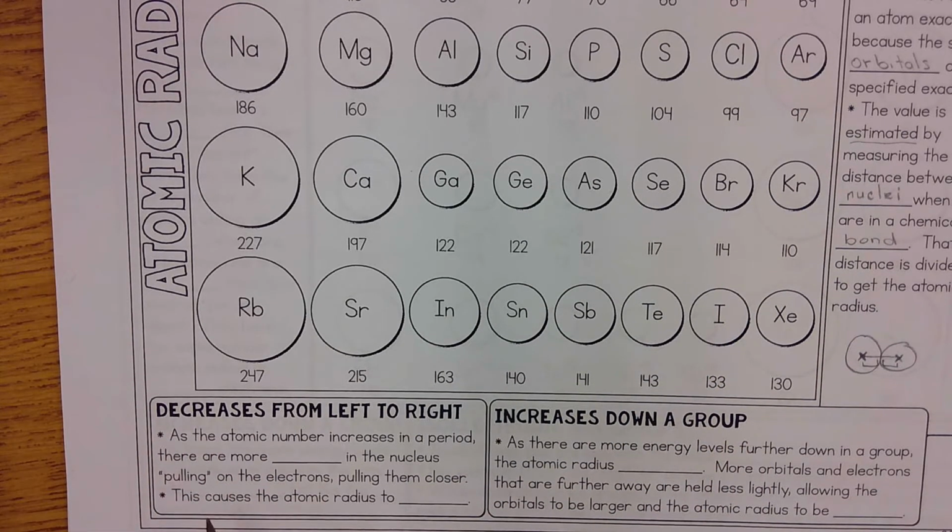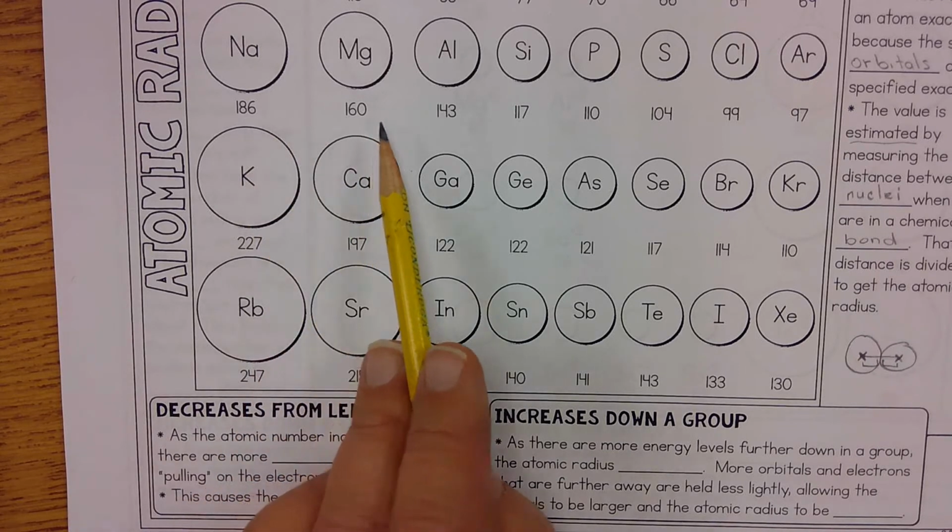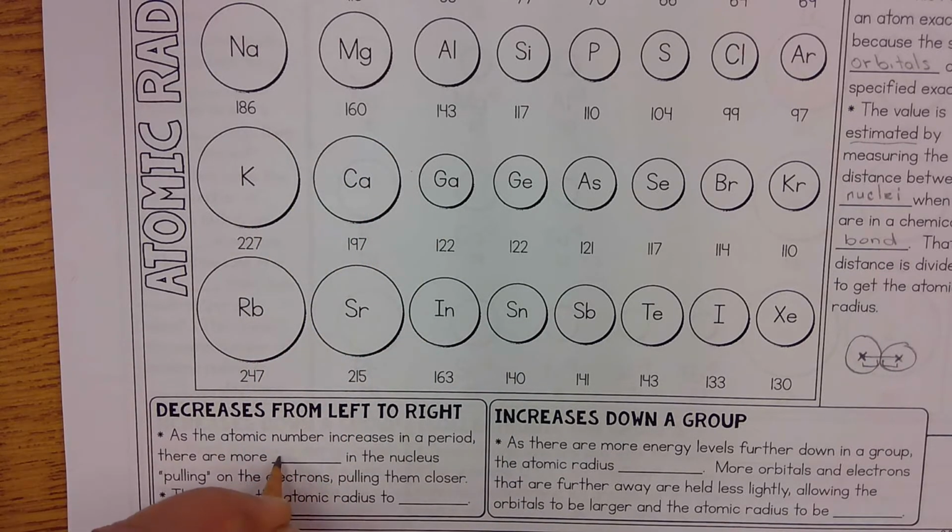The reason is that as their atomic number increases, there are more protons in the nucleus. This is all the positive and negative game, the pluses and minuses attracting each other. More protons in the nucleus pull on the electrons, pulling them closer together, so it causes the atomic radius to shrink.